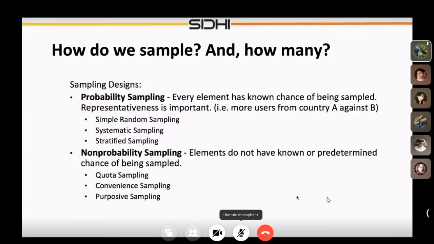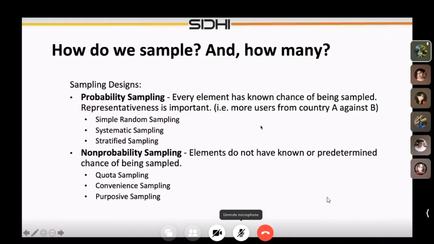Quota sampling is when you're trying to reach a certain number for a specific criteria. That's a form of quota sampling. And then purposive sampling is obviously when you're coming in with a purpose of selecting a specific set of people. So that's purposive sampling.